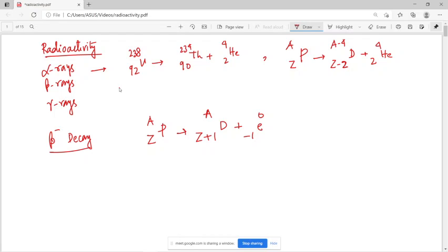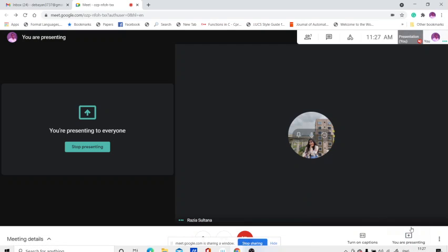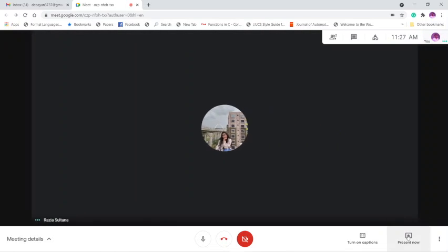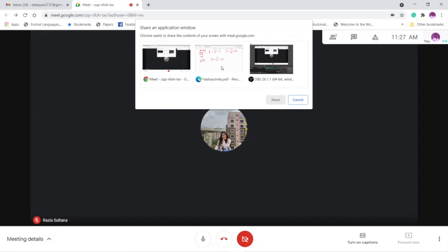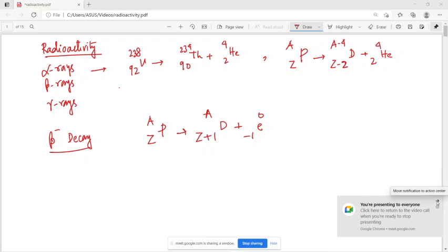proton and an electron. Oh, it is not visible. Okay, just a minute. Is it visible?